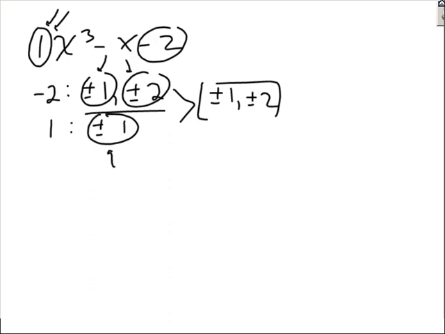Okay, so let's show that. I'm going to try plus 1. 1x cubed, no x squares, negative 1 x's, constant negative 2.